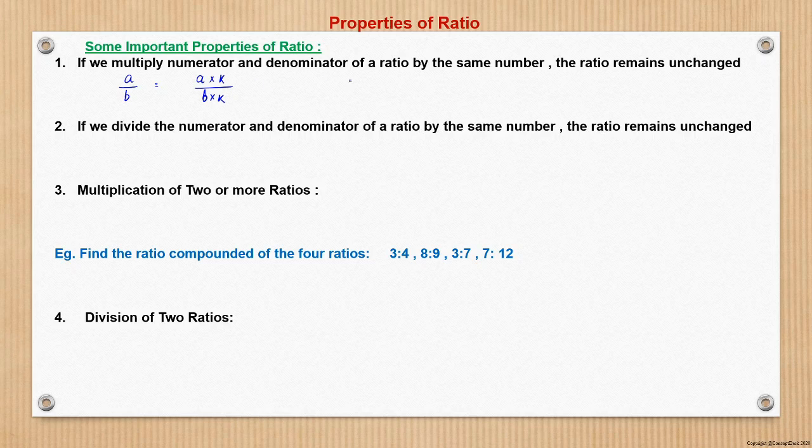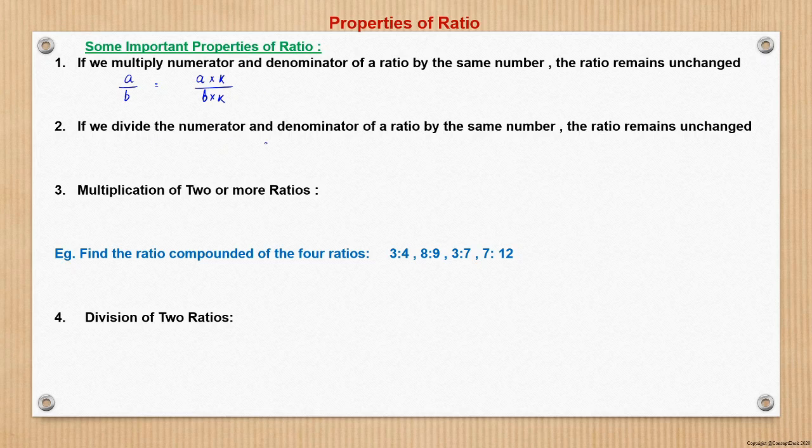So whenever the antecedent and consequent of a ratio are multiplied by the same number, the ratio remains unchanged. And this we have seen. And vice versa is also true. For the ratio a is to b to remain valid, we have to multiply both the terms a and b by the same multiple, right? So that is self-explanatory. Nothing to add more to this.